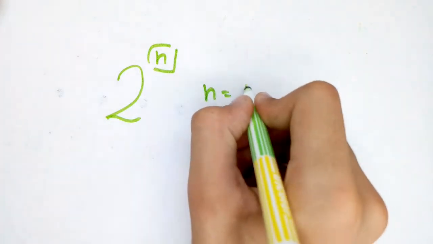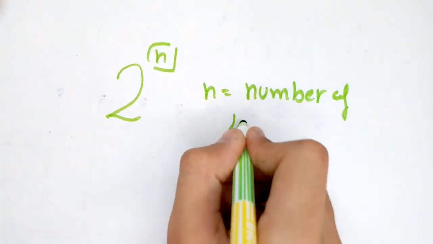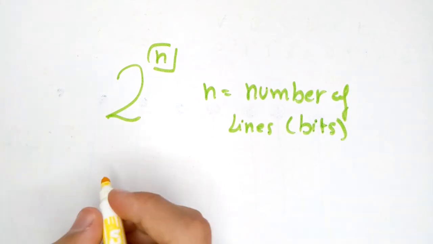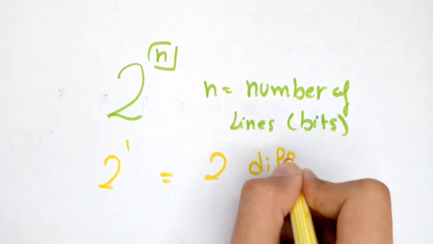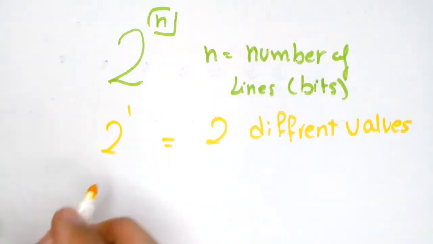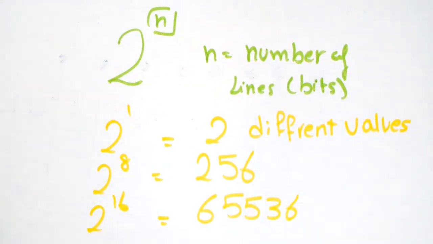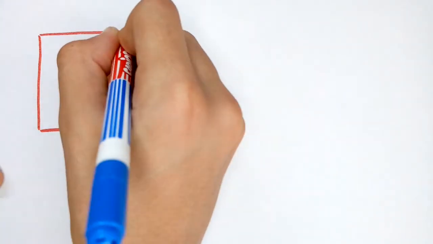There is a very easy rule to use, which is 2 to the power of n, where n signifies the number of bits you have. So if you have 1 bit, that means 2 to the power of 1, you will have only 2 different combinations. With 8 bits, that means 2 to the power of 8, you will have 256 different combinations, and so on.